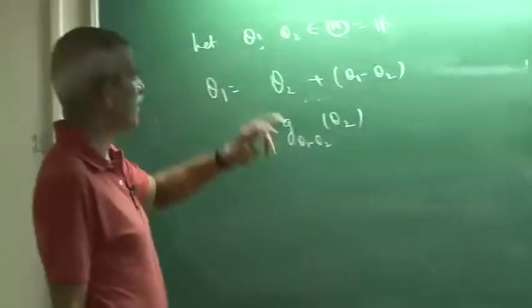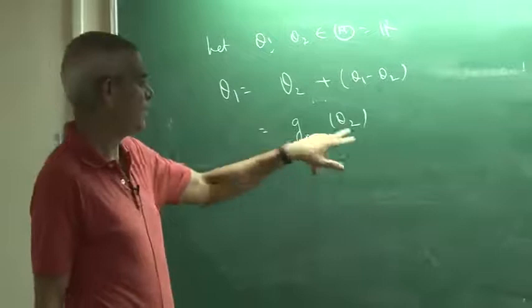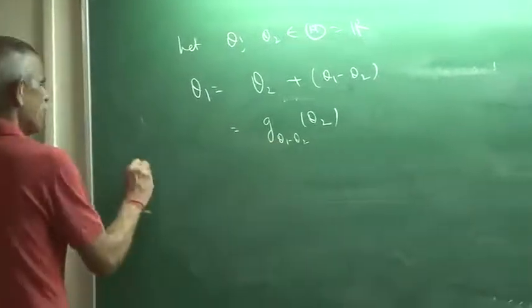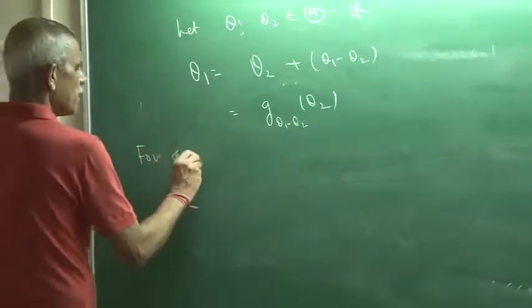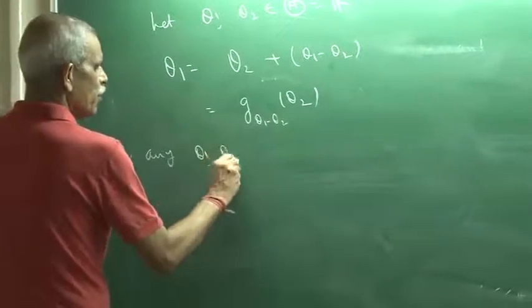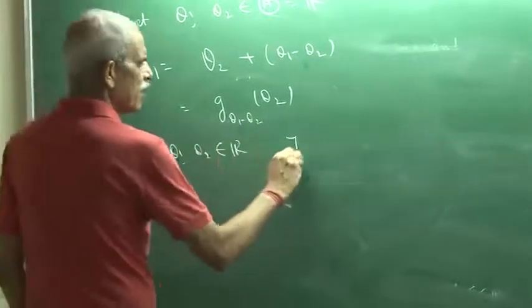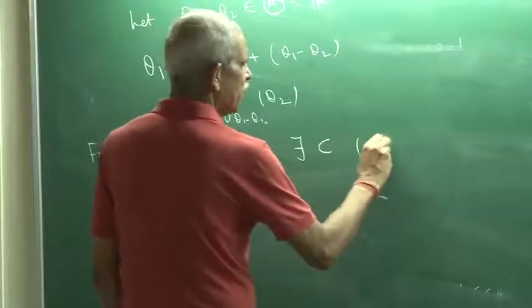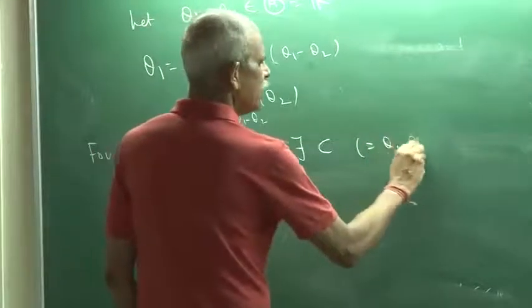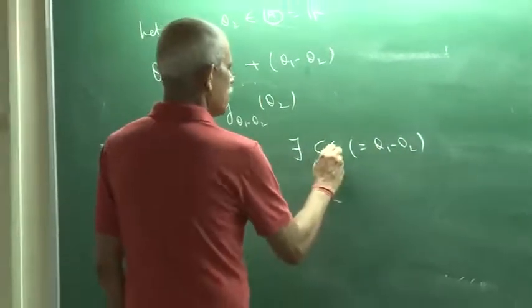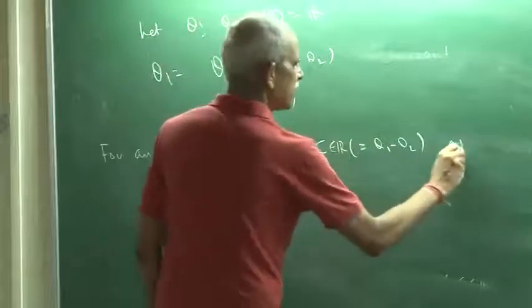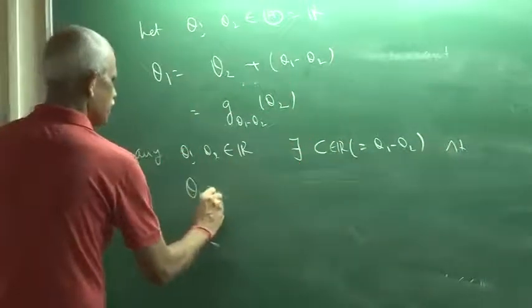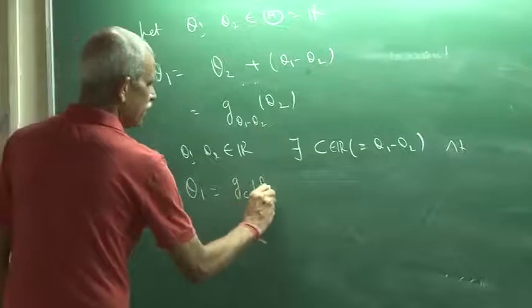Theta 1 is in R, theta 2 is in R, so theta 1 minus theta 2 is in R. So, for any theta 1 and theta 2 belonging to R, there exists a C, namely theta 1 minus theta 2 belonging to R, such that theta 1 is the same as G bar C of theta 2.